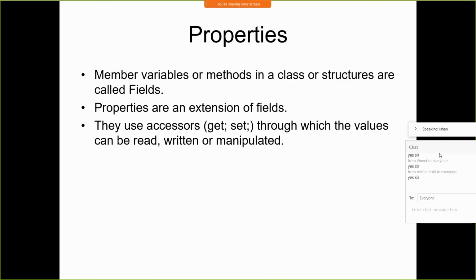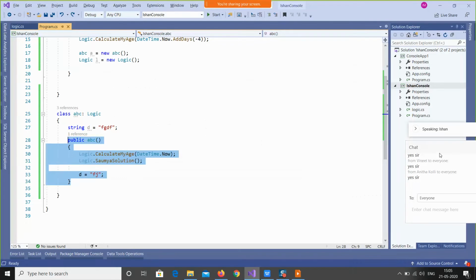In that way, properties are used. Properties are always with a public access modifier. You cannot use any other specifier with properties. I guess I forgot to mention this in the slide, but you can keep it in mind. So let me show you how a property looks.